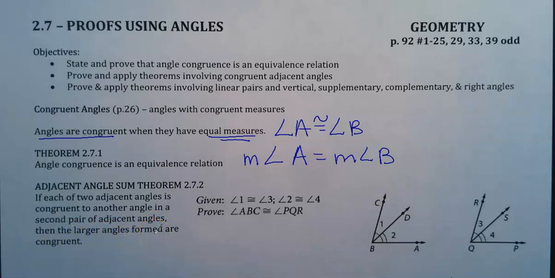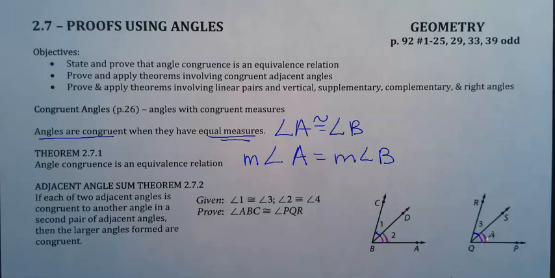So we're given angle 1 is congruent to angle 3, and angle 2, which has two marks, is congruent to angle 4.